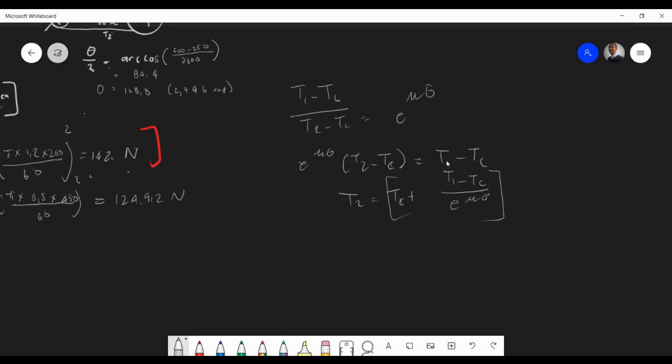So all we've got to do is plug and play over here. Let's see what T2 is. Tc is now 142.2 plus T1, which was 2000 minus 142.2, divided by e to the power of our coefficient of friction, which was given to you, 0.3, times 2.946.